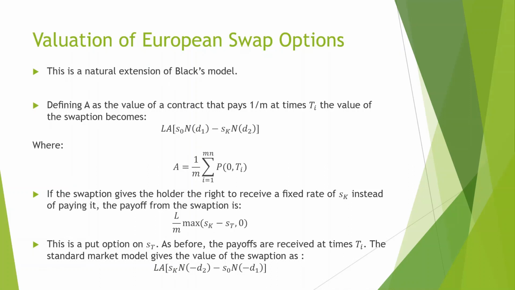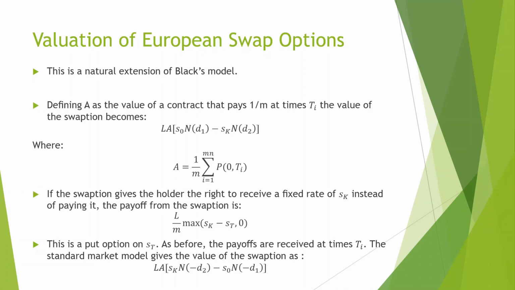Defining A as the value of a contract that pays 1/m at times T_i, the value of the swaption becomes the following, where A is 1/m times the sum of P(0, T_i).